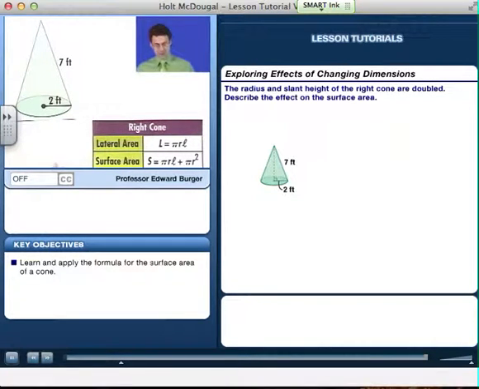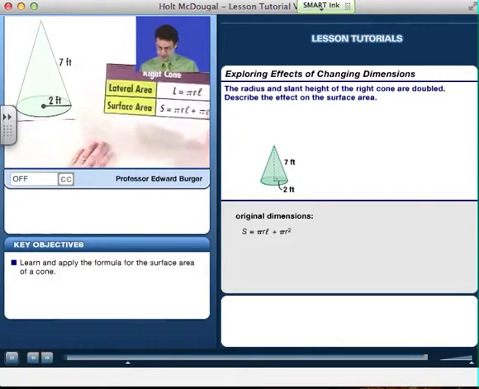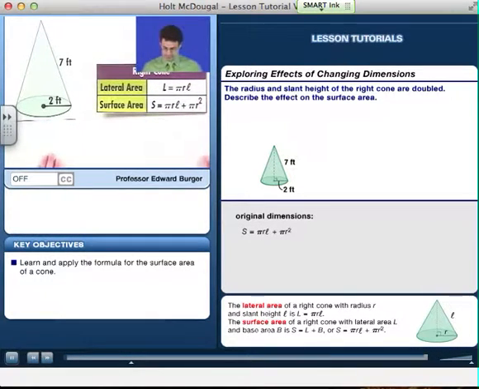All right, so first let's just find the surface area as is. So the surface area, we know how to do that. First we find the lateral area, which is going to be pi r, in this case 2.